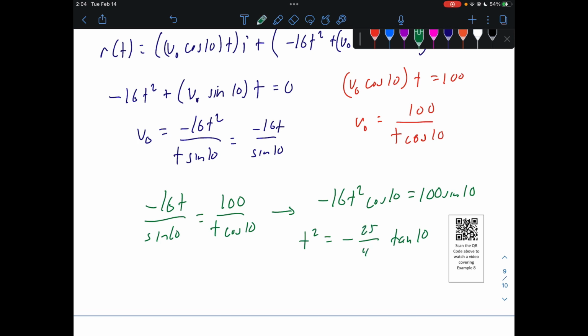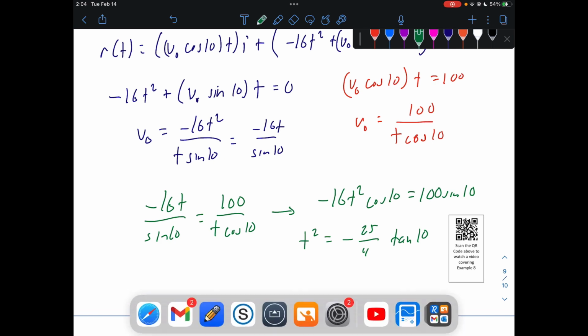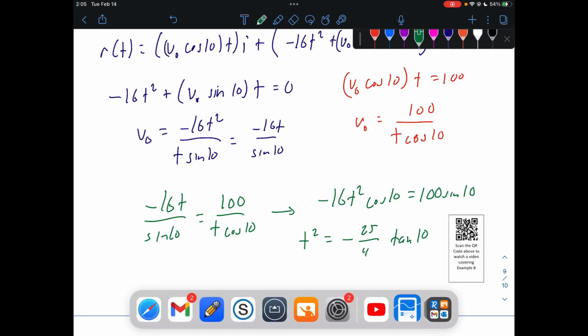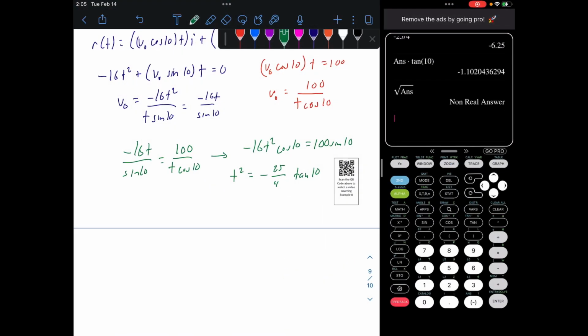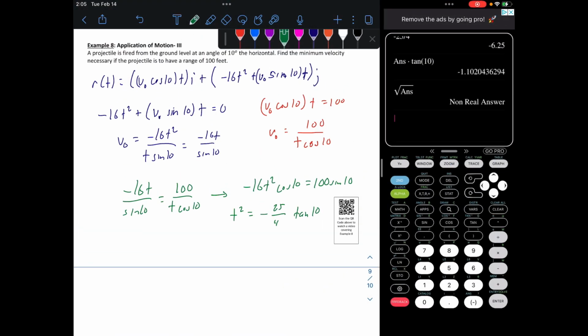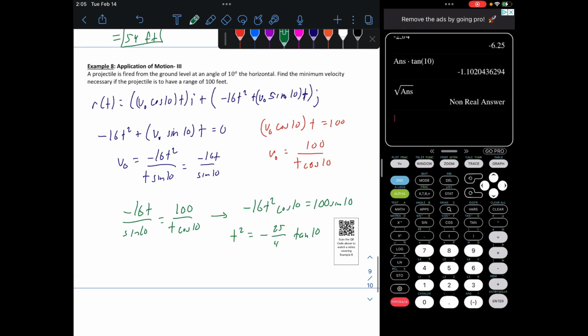So then t would equal the square root of that. Get my calculator out one more time here. Negative 25 over 4 times tangent of 10. That's not right. What did we do wrong here? Let's go back and find our mistake. Oh, I can see it already. This is positive 16t squared.